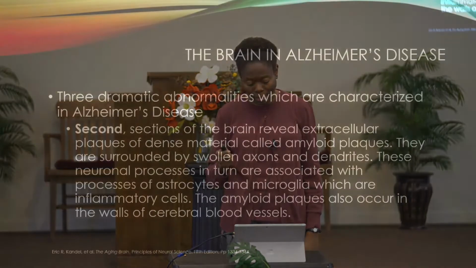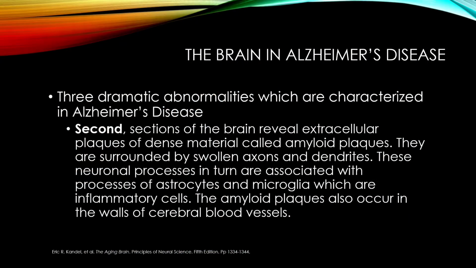And then you have dendrites, which are actually inflammatory cells around the axons or the neurons, and they are also swollen. And these neuronal processes in turn are associated with inflammatory cells or processes of astrocytes and microglia, which are inflammatory cells.